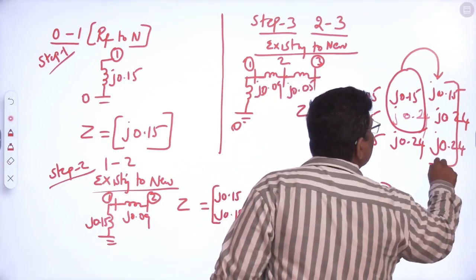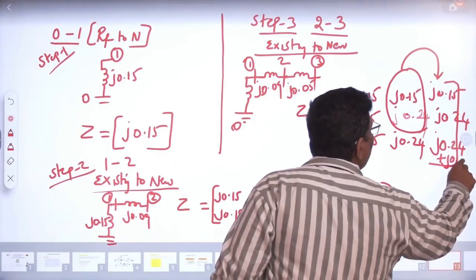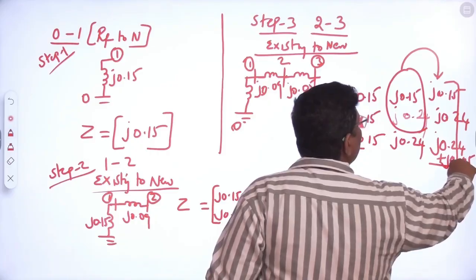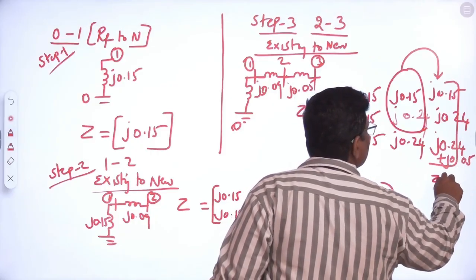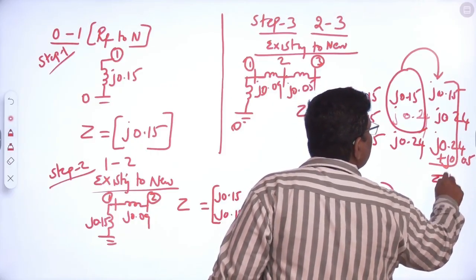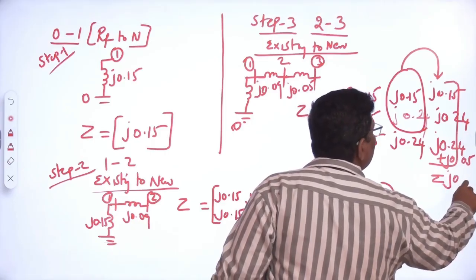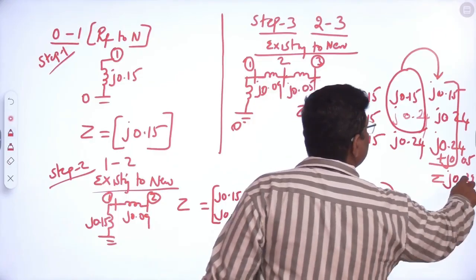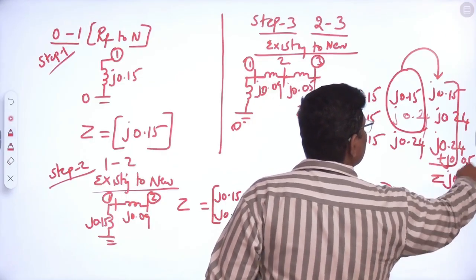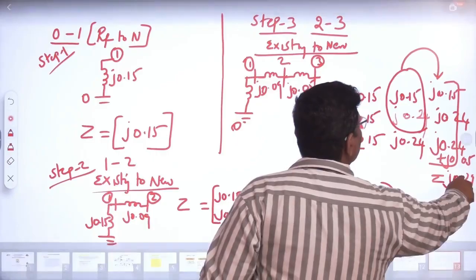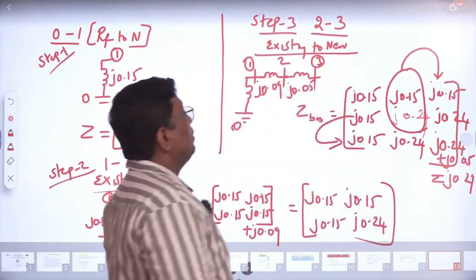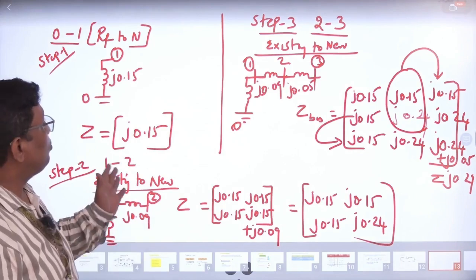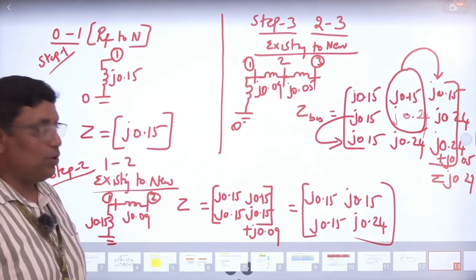So 0.24 plus j0.05, so the Z33 value is j0.29. In the same manner, we have to apply it for 3 to 4 and 4 to 5 also.